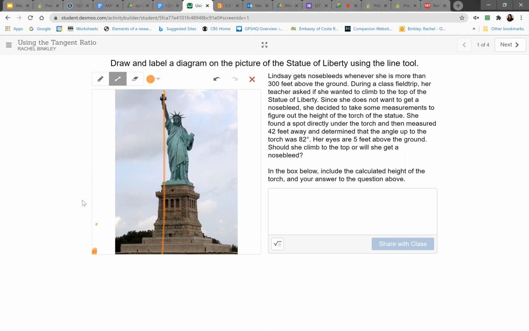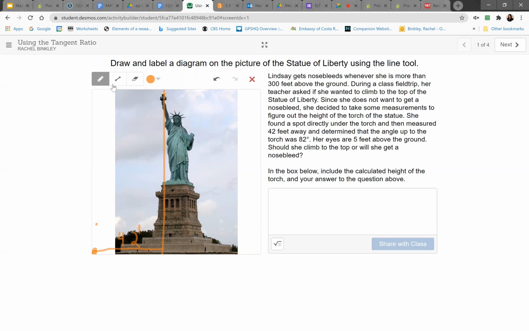Okay, so what if I go straight up to the torch? That's the line I'm looking at here. And then Lindsay, where she is standing, that is what she's saying she is 42 feet away. So she's 42 feet away from being directly under the torch.